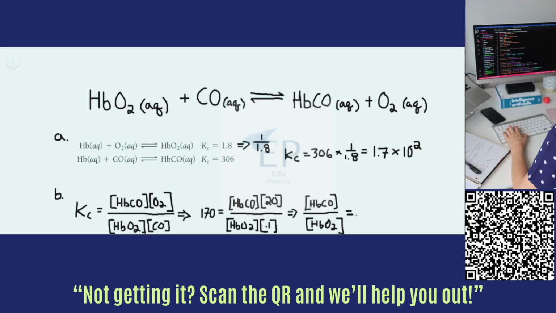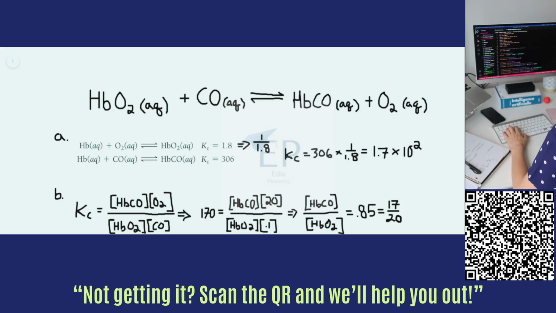This equals 0.85. And it might be easier to describe this if we write this as a fraction. This is the same as the fraction 17 over 20. Okay, so that's the ratio of HbCO to HbO2.